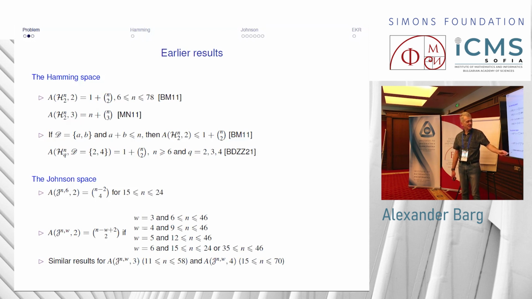And slightly more generally, if the weight is 3, 4, 5, 6 and the lengths are as shown, then the maximum size is n minus 2 choose w plus 2 over 2, of which this is a particular case, but I isolated that to illustrate this type of results somewhat better. There were results for 3 distances, and well, that's where it stood.